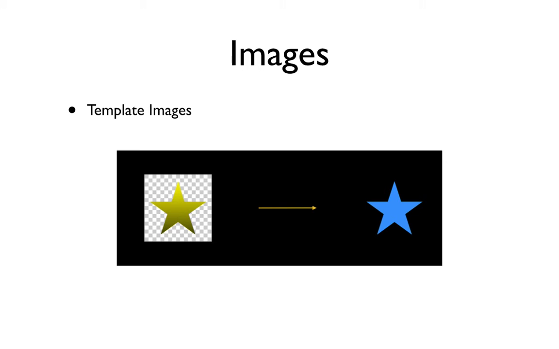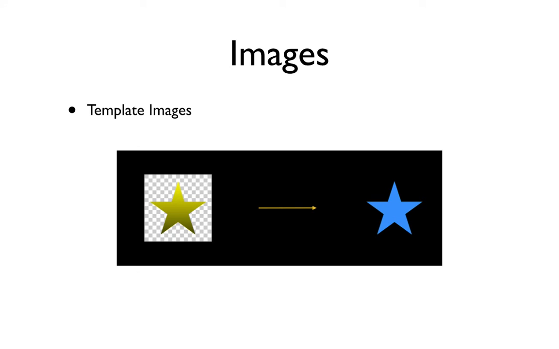Another new thing in images: we now have a very easy way to use the template image. Let's say on the left is the original image, a slight gradient of golden color, and we can use this image as a template image.